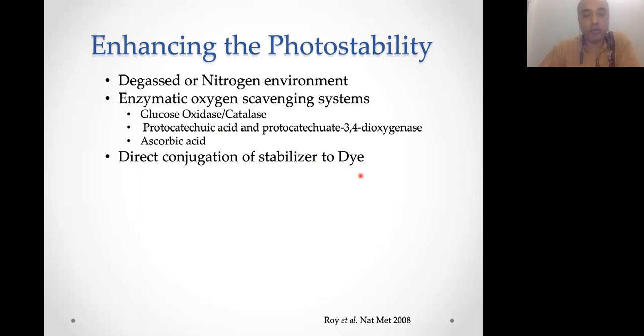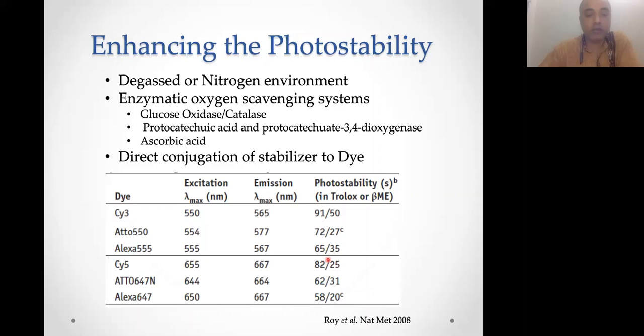And I want to show you the effect of these photostabilizing systems. If you notice the data shown here, in seconds, you are able to, for example, double the time for which you can observe a dye, sometimes as much as 3 times, just by adding the right oxygen scavenging systems and triplet state quencher.